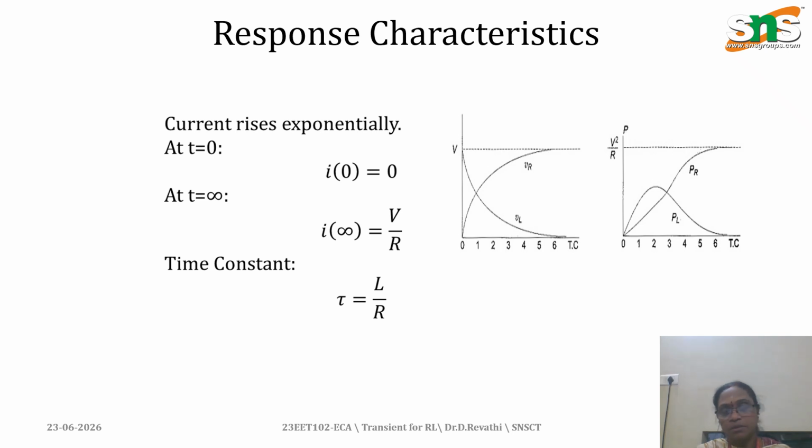In the diagram, the first is the voltage response and the second is the power response. The current is 0 and then increases. V R increases because the resistance dissipates power, and V L decreases gradually from its maximum to 0. This is what happens between t equal to 0 and t equal to infinity.